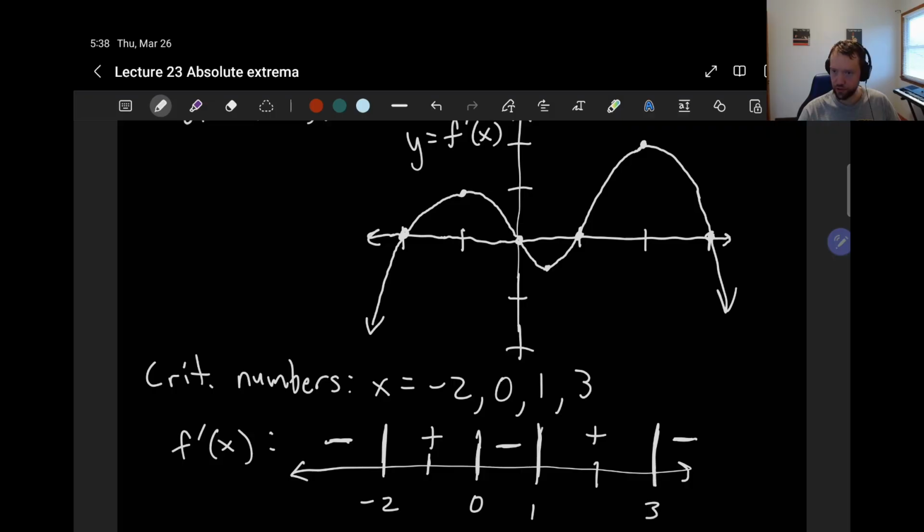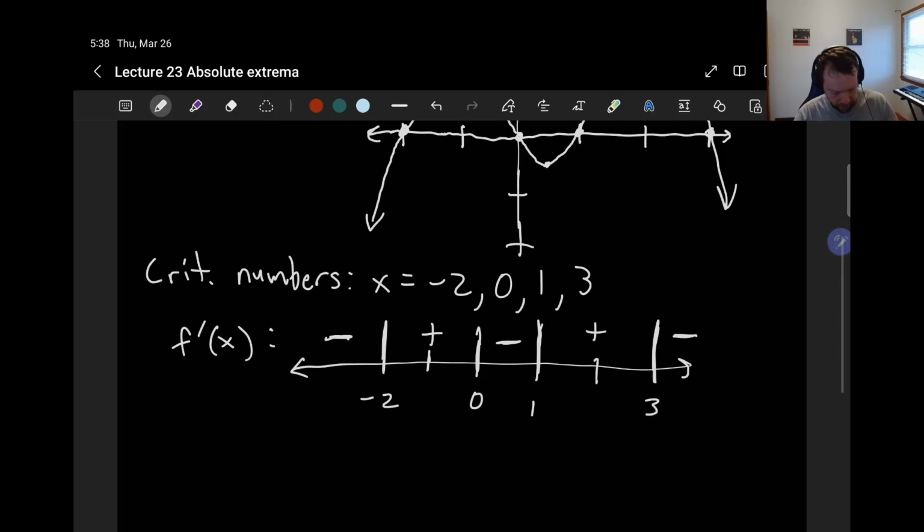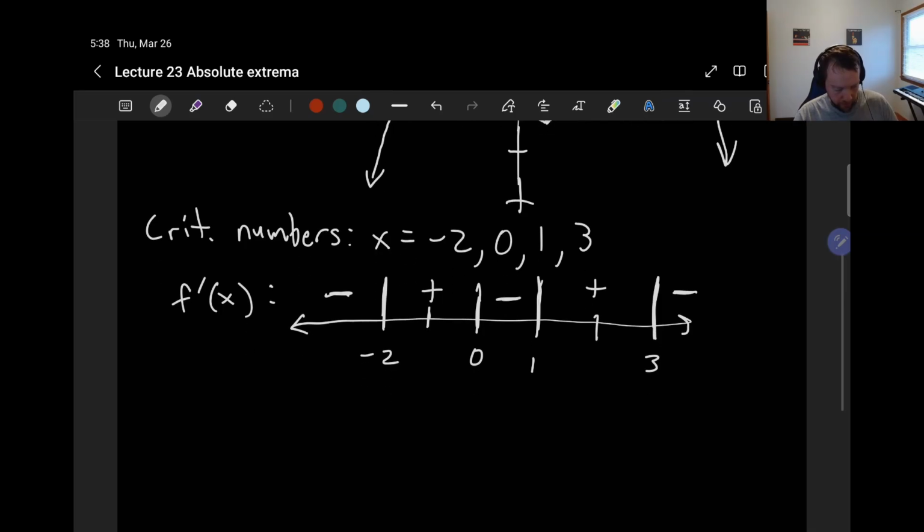So since I have the graph of the derivative, I can use that information to do the first derivative test. And that allows us to classify the critical points. Since the derivative is negative to positive around -2, that means f is decreasing and then increasing. Well, if you think that through, if we're going down then up, that means we have a local minimum when x is -2.